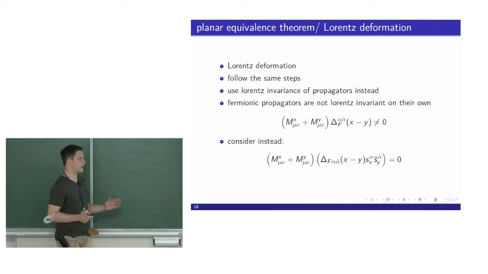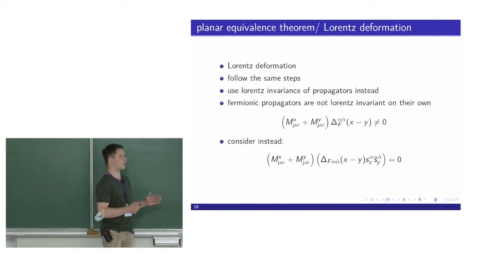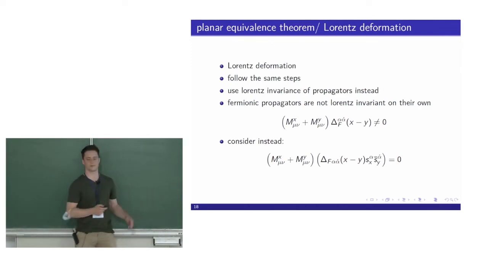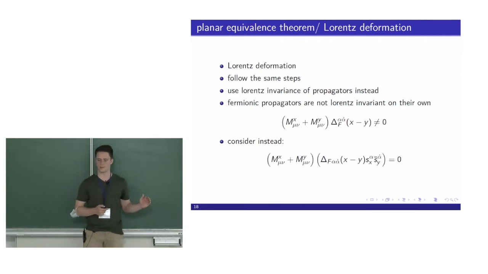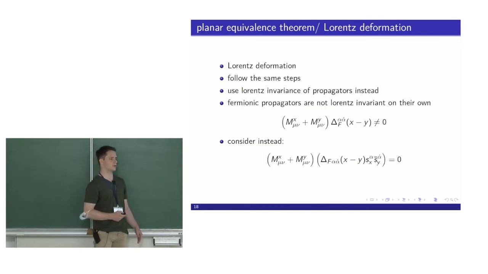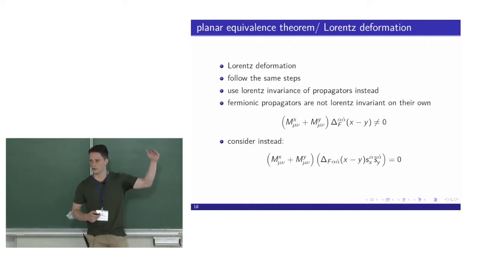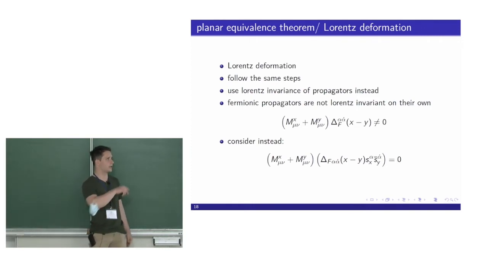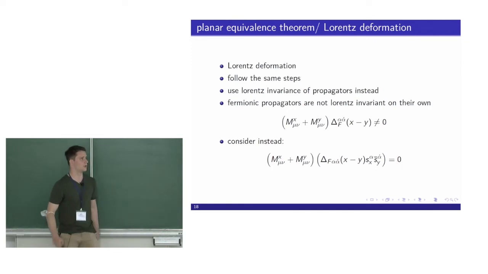But with this together, this Lorentz deformation for the proof of this planar equivalence theorem behaves identical to this proof for the canonical deformation here. So we can really have this proof for this planar equivalence theorem for this Lorentz deformation as well.